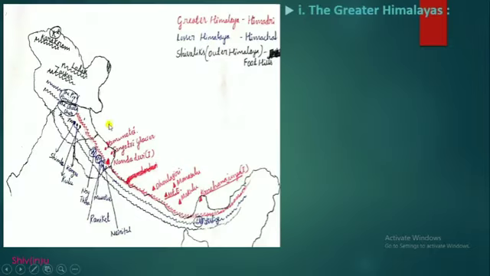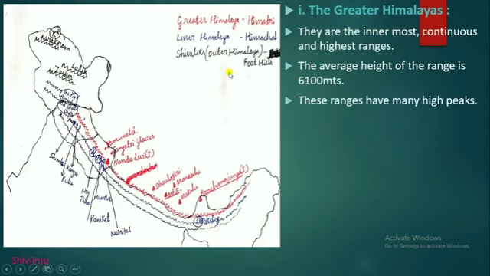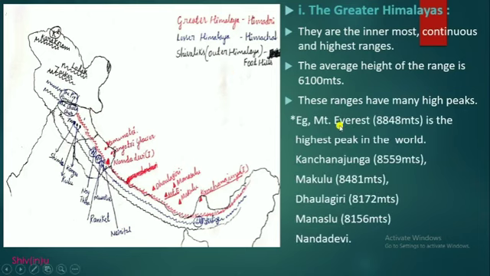First one we discussed about the Greater Himalayas. In the Greater Himalayas, some points we came across: average height 6,100 meters. Some mountains we came across. Among them, which are the 2 mountain ranges in India means Kanchanjunga and Nanda Devi.